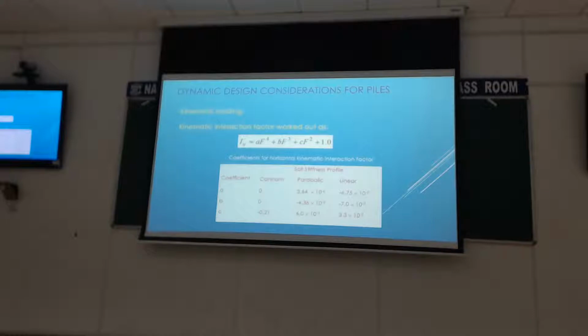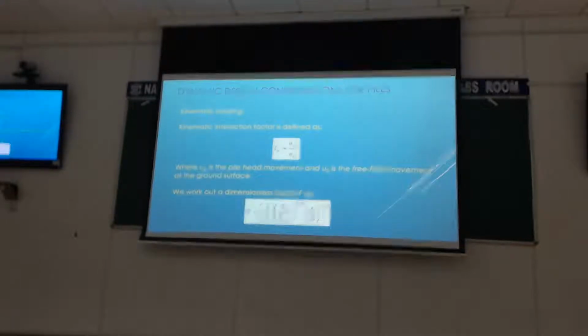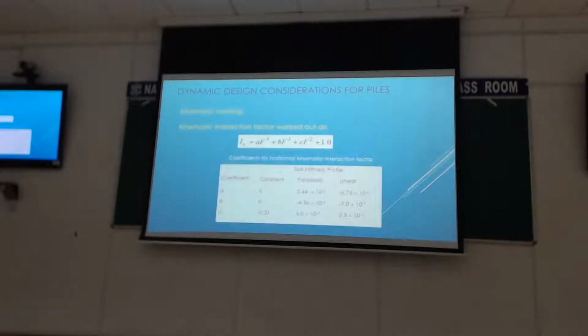We defined IU and F, and this is how you link the two together. A horrendous equation, if I may say so. I didn't even have the heart to plot the damn thing. A times F to the power of 4, B times F to the power of 3, C times F squared, plus 1, for some good reason, is given as IU.